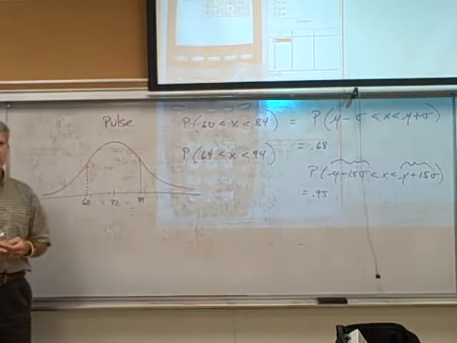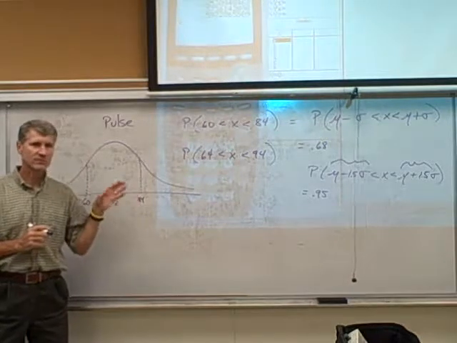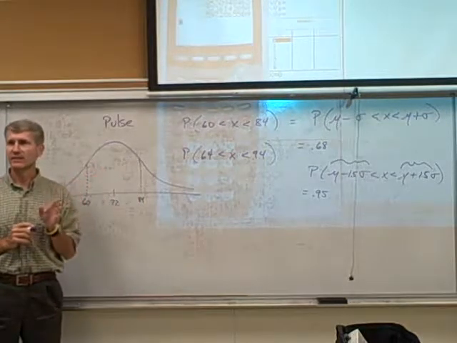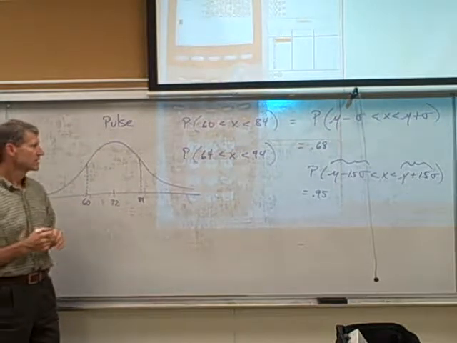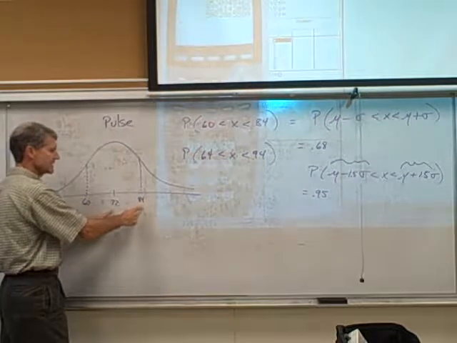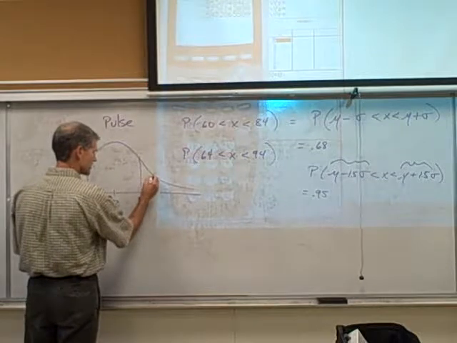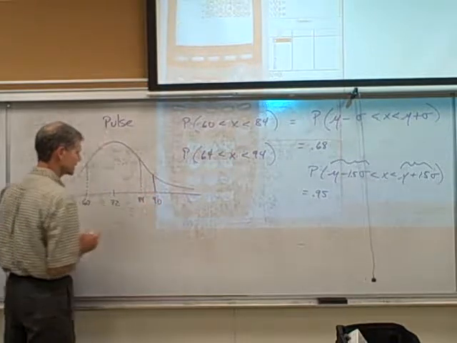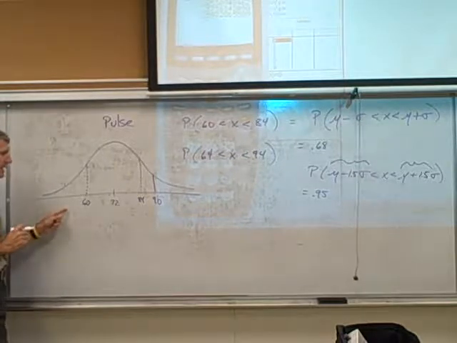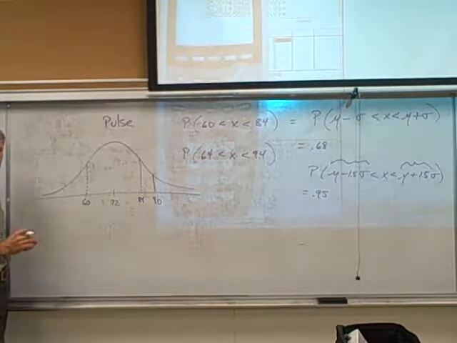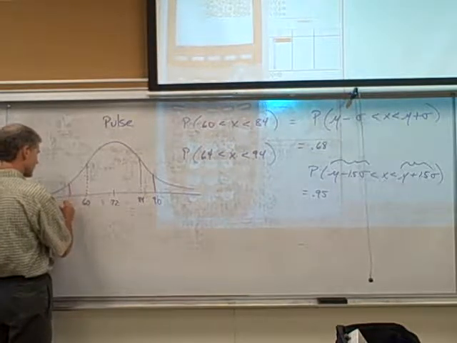Well, 1.5 times 12 is how much? 12 is our standard deviation. 1.5 times 12 is 18, right? 12 and then half of 12 again. So I got to go 72 plus 18. Where would that take me to? 90. So that's going to be about right there. And if I go the other side, 72 minus 18 would take me to 54. So about right there.